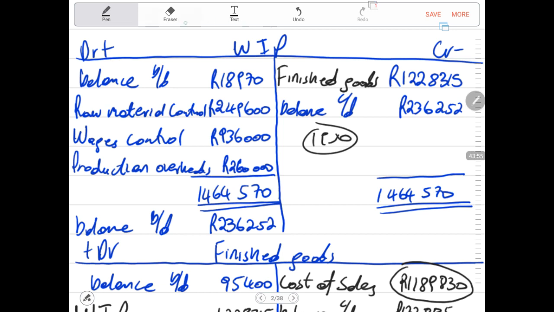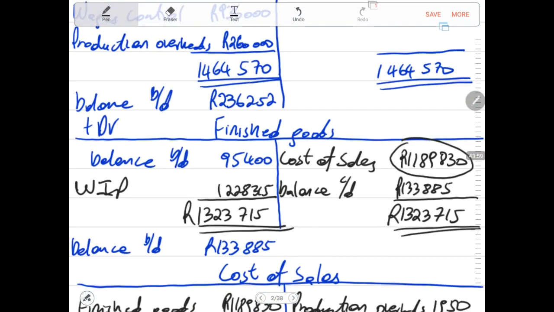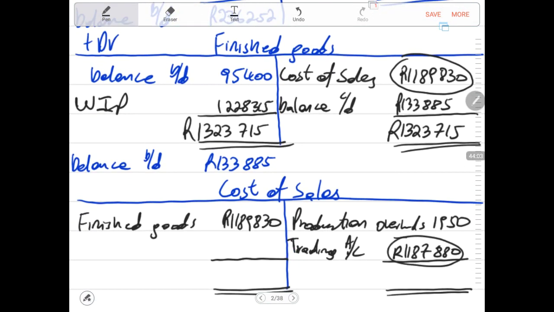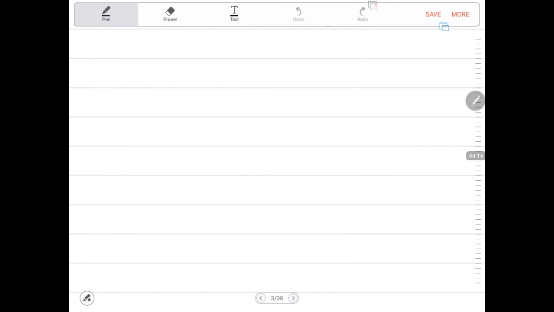That is why the applied overheads, which is 1,950, is now affecting our cost of sales negatively on the credit side. So now cost of sales is done. The next part is only the gross profit. All the ledger accounts are well balanced.